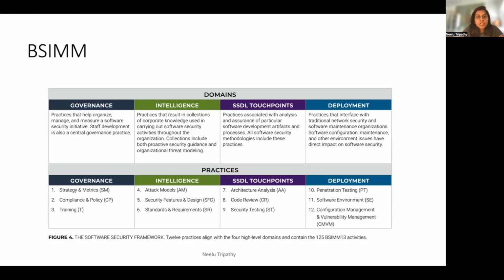While you see there are 4 domains here: governance, intelligence, the software development lifecycle touch points, and deployment, I'll not go into detail because there are quite a few things in each of them. In my understanding, it is good for security teams to take this up and run with it, because this is, of course, their day job.